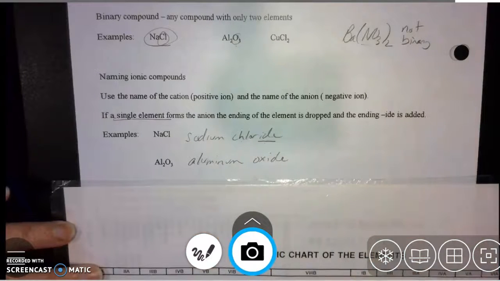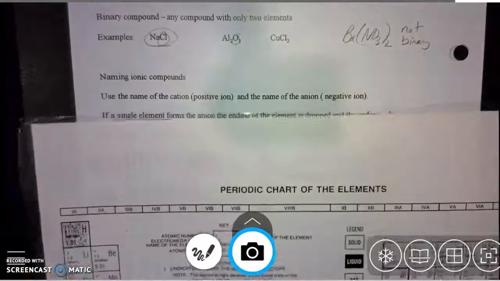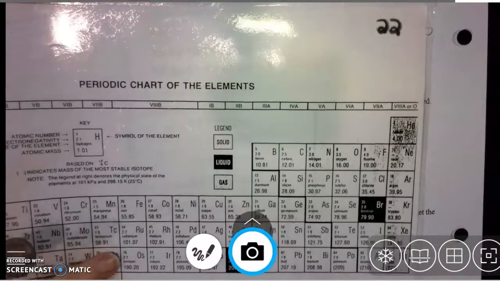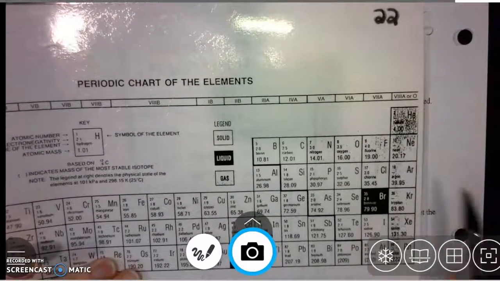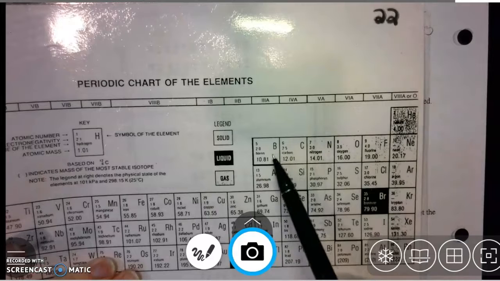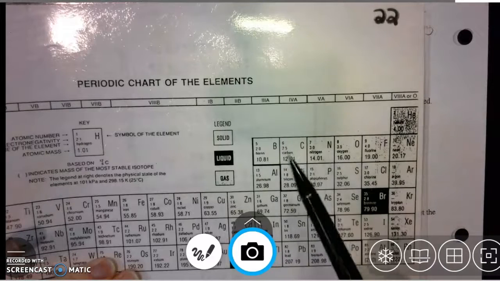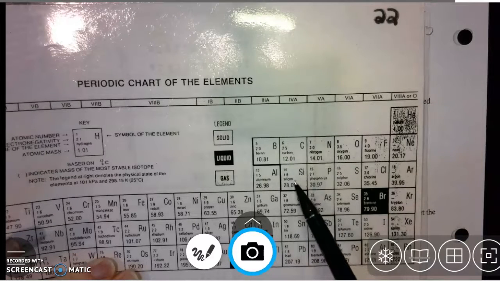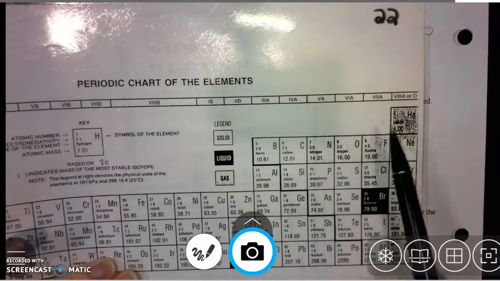So if we just look at the basic nonmetals on the periodic table, I'm just going to go through some names here. So boron, you don't see a lot in ionic compounds, but boride, carbide, silicide. Some of these are going to sound really strange, but again, all of them are just getting the IDE ending.